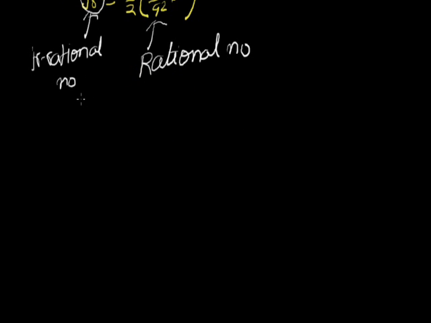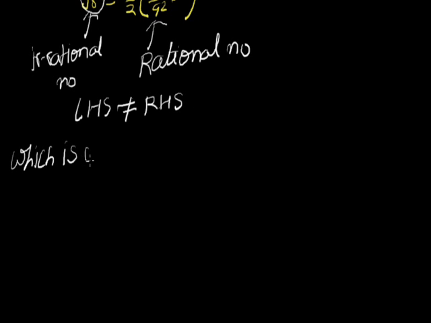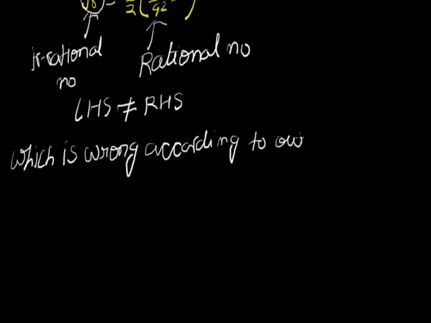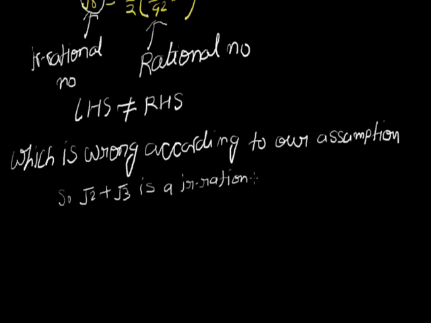That's why the left hand side is not equal to the right hand side, which is wrong according to our assumption. So root 2 plus root 3 is an irrational number.